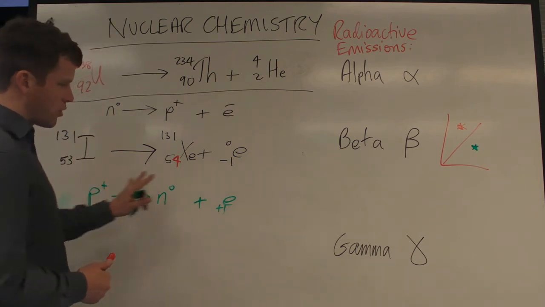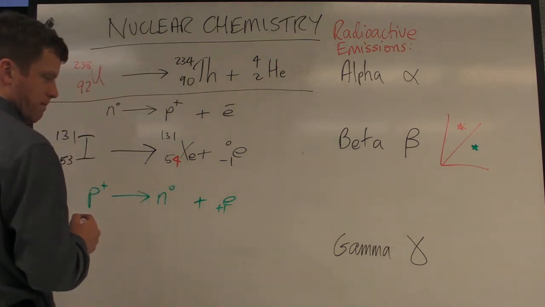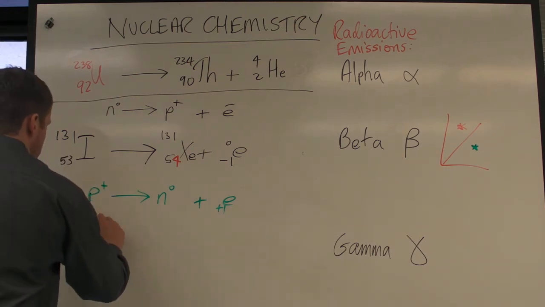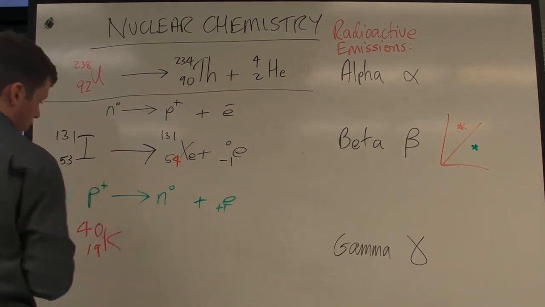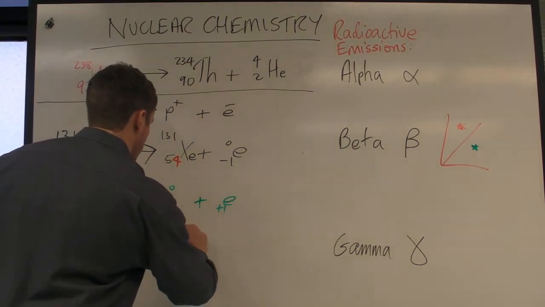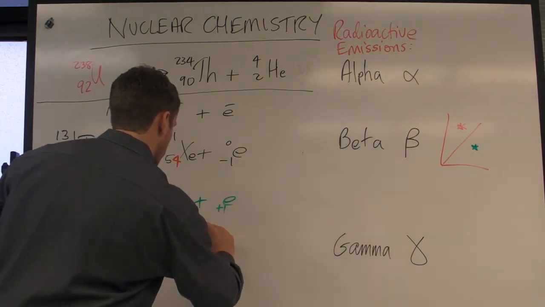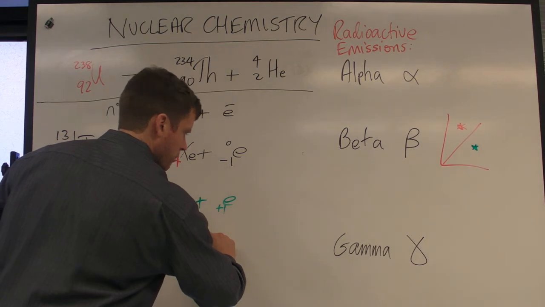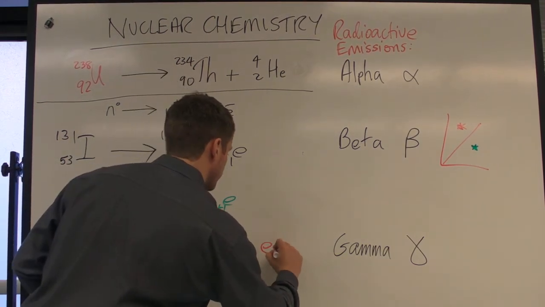So to see a reaction that involves that, we look at potassium. An element of potassium, which is radioactive, undergoes beta decay to form argon plus this positron.